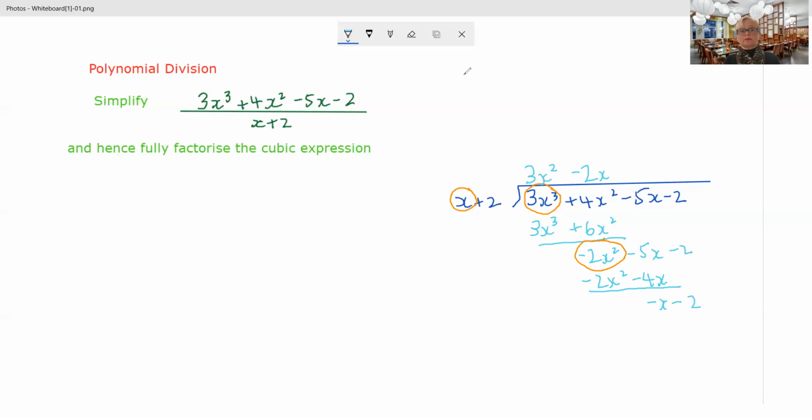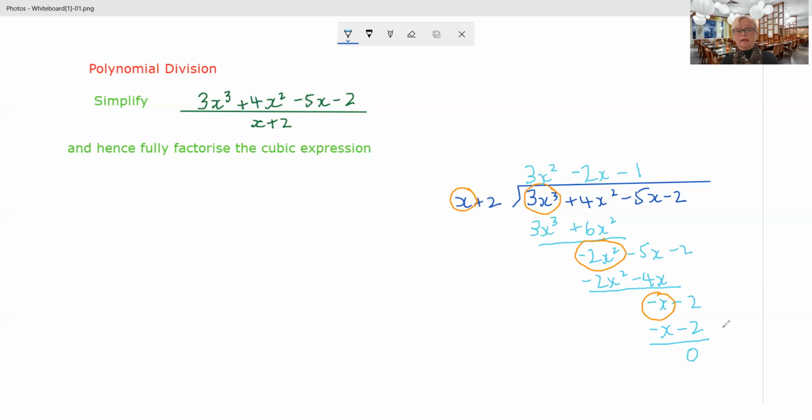And then our last part, we're doing our leading term divided by leading term. Negative x divided by x is minus 1. So we get negative x minus 2, and yes, it divides through evenly. It won't always divide through evenly.